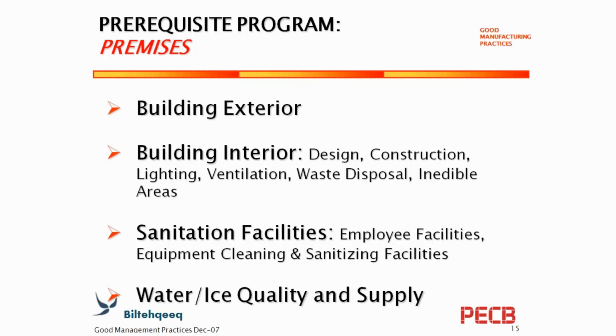because if we talk about the lighting, in any industry, lights can be open, but when you are installing lights in the food plants, they should be covered. And the same way, the ventilation.